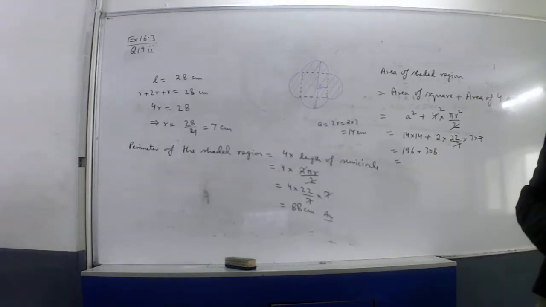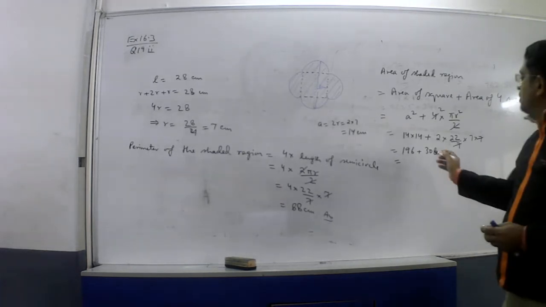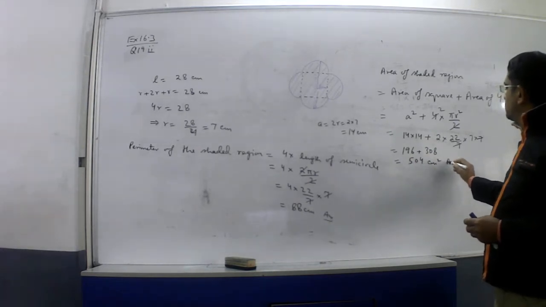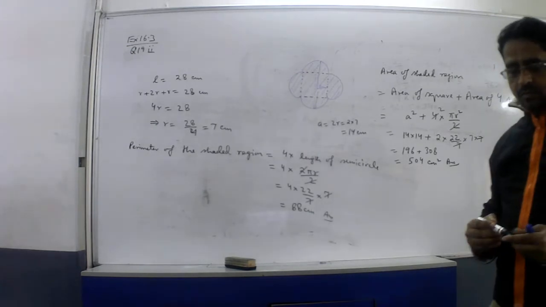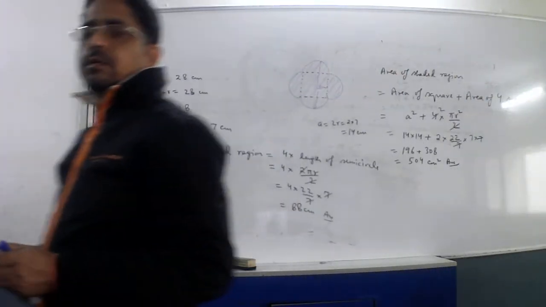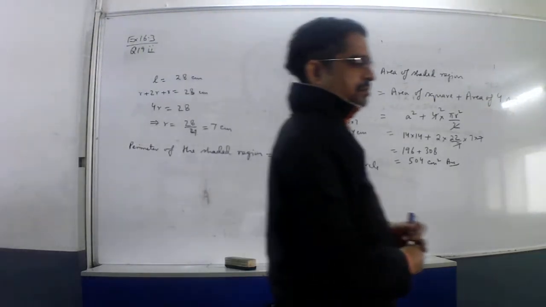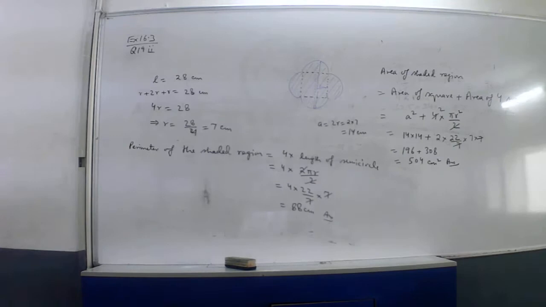So if you add the two areas, you get the total. Got it. You can note down.